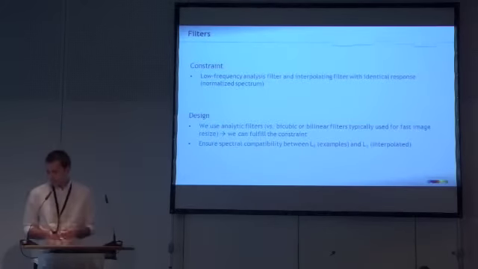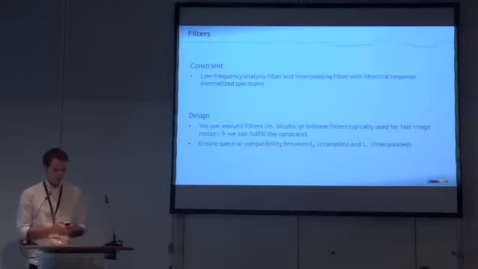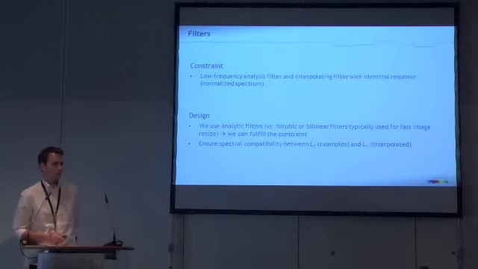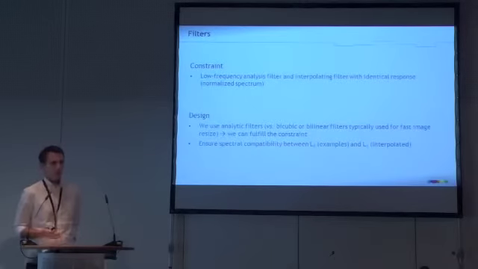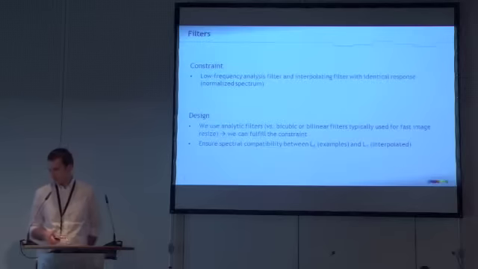So, well, it's important for us, in order to keep the cross scales of similarity, that the filters are compatible between the analysis filters and the ones that we use for making the interpolation of the low frequency band. Therefore, we rely on analytic filters, as we said, and we ensure that the frequency response is identical in the sense that they have the same cutoff frequency and are normalized.